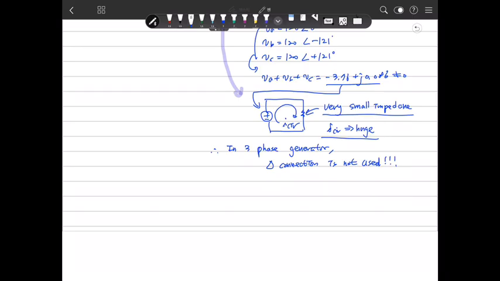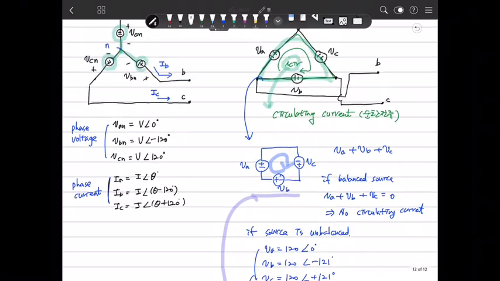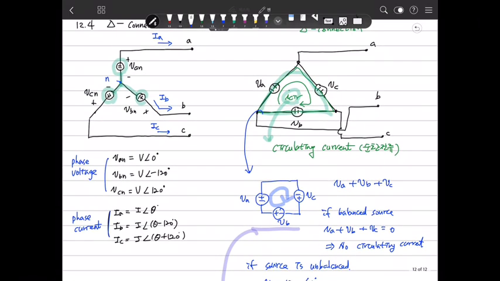But in the circuit theory, we do not talk about why we have to use delta connections. That is related to the transformer's non-ideal phenomena. But anyway, the delta connection is very useful. So we'll discuss the delta connection in this chapter.